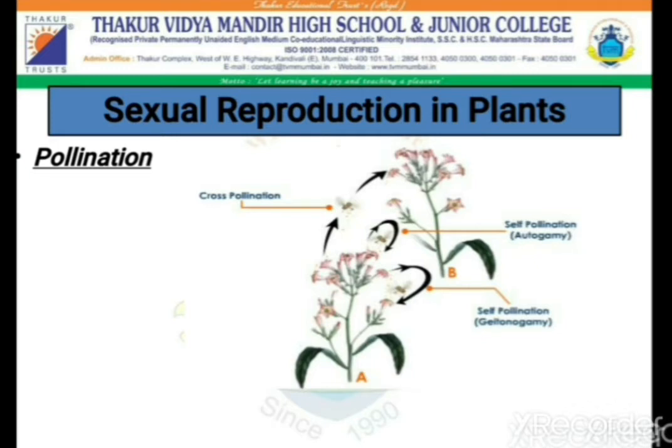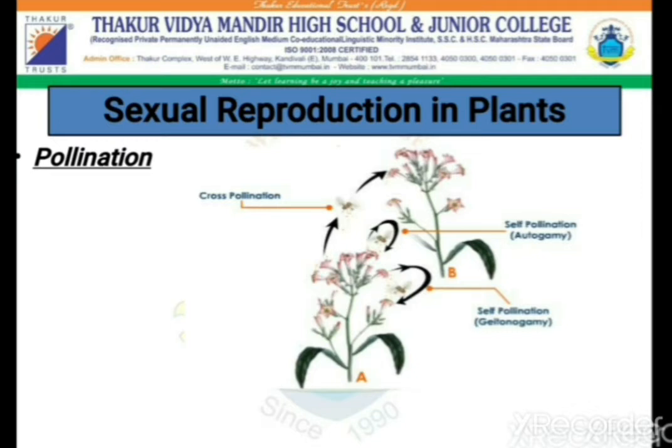This process is called pollination. In this process, the pollen grains are transferred from the anther to the stigma and finally to the ovules.